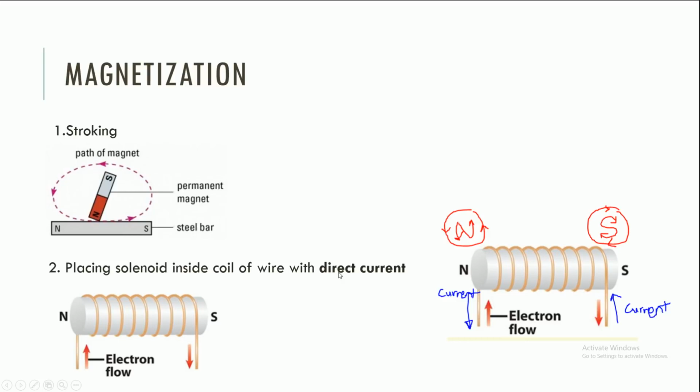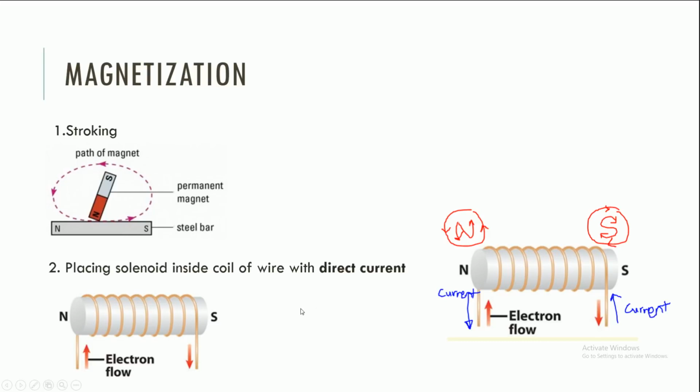But direct current is in one direction all the time, and that's obviously very important, because if you want to magnetize a bar of steel using the magnetic fields of a coil of wire, which we talked about before, then it needs to have a consistent north and south pole. Otherwise the steel will never get magnetized, and that's why direct current is really important here.